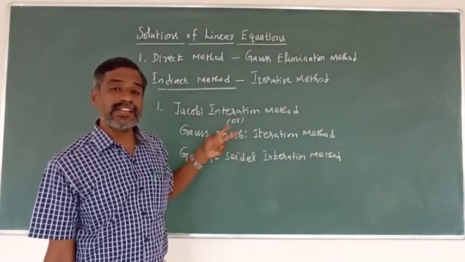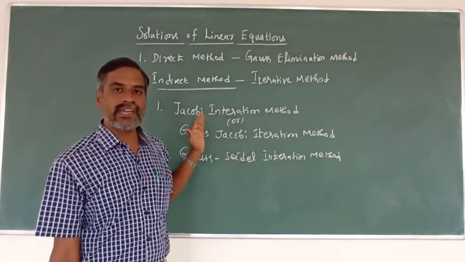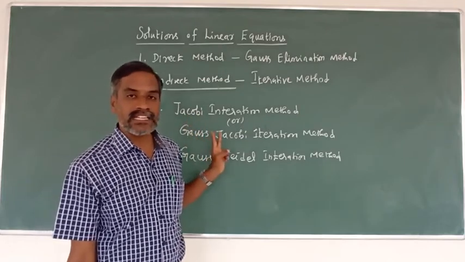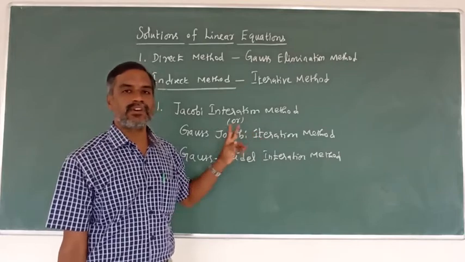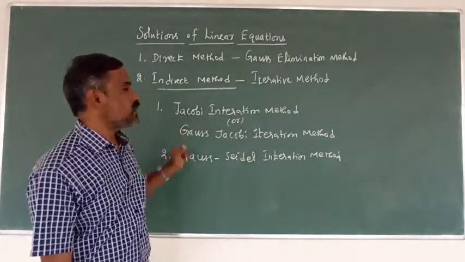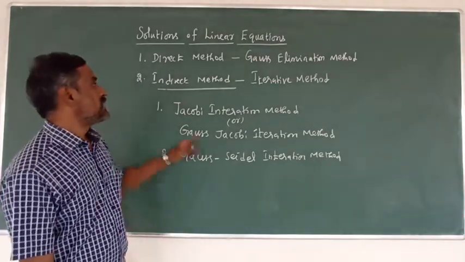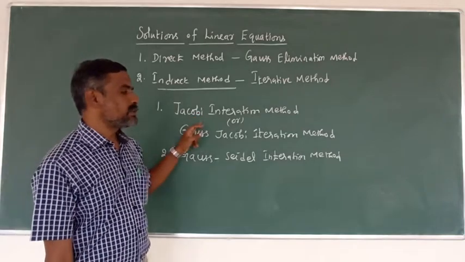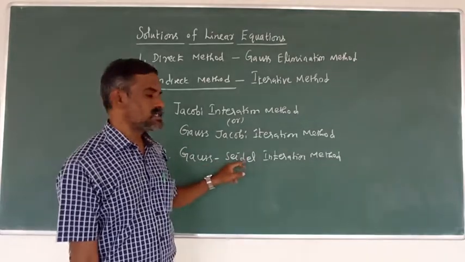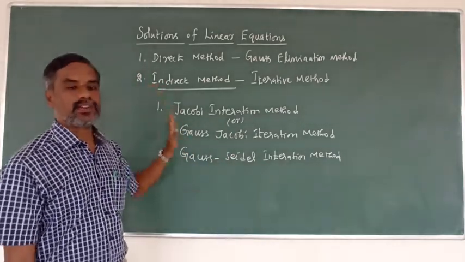Here the value is not constant; it keeps changing. This process continues until two iteration values are the same. This is how we can solve the given simultaneous equations using either the Gauss-Jacobi method or the Gauss-Seidel method. This comes under the indirect method.